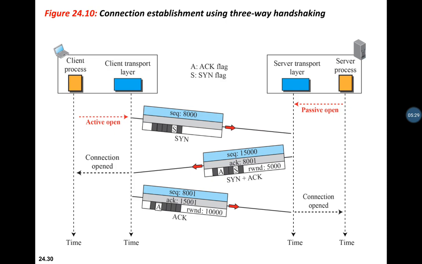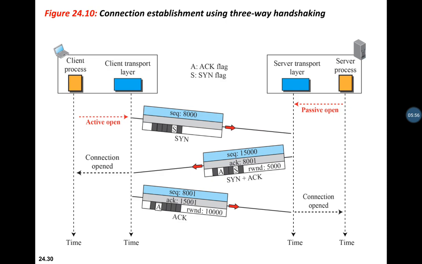You can see that the sequence number is mentioned, and the acknowledgement number is mentioned, indicating the next sequence number that the server expects. The acknowledgement and SYN control fields are set here, and the receiver window size is specified as 5000.